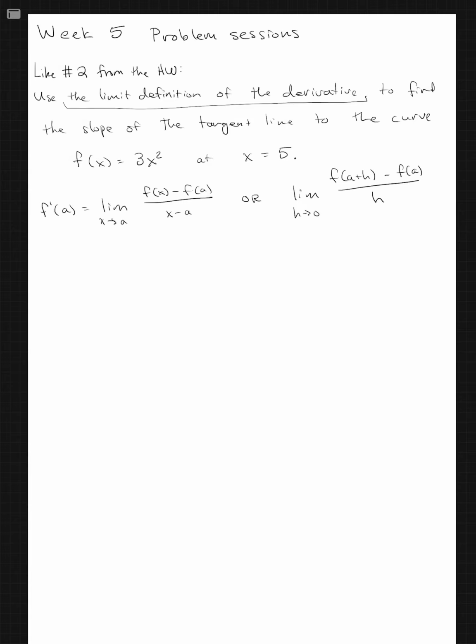Right? Either of those are the limit definition of the derivative. And that comes into play here because the slope of the tangent line to f of x at x equals 5, right? So this piece is asking us to find f prime of 5.